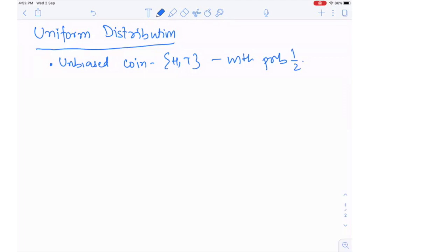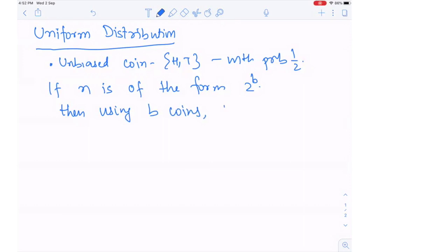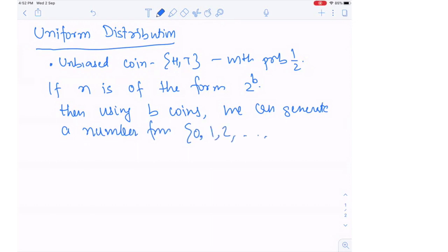So we saw last time that if n is of the form 2 to the power b, then using b coins we can generate a number from 0, 1, 2 to 2 power b minus 1 uniformly at random.